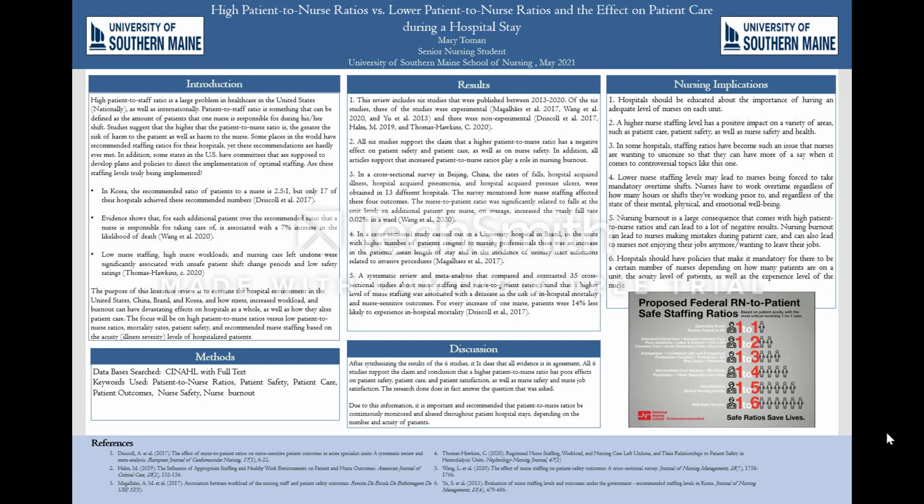For every increase of 1 nurse, patients were 14% less likely to experience in-hospital mortality. That's quite a large jump. My results just go to show that no matter where in the world we look, nurse to patient ratios are something that we need to fix.